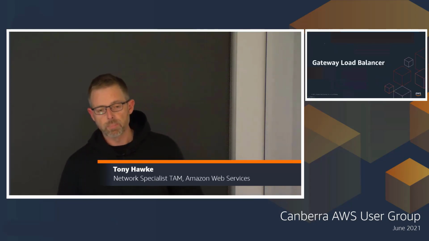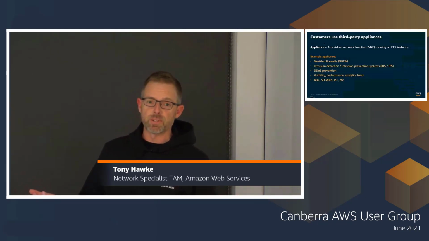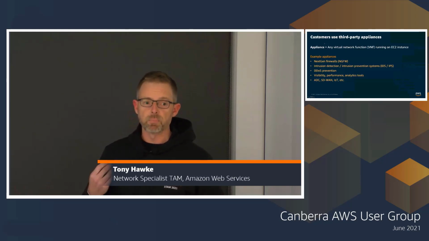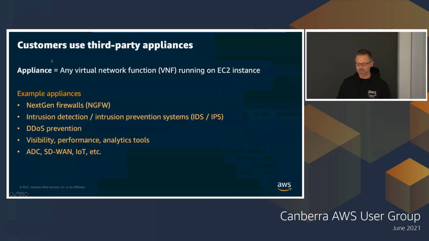So, first up, AWS customers use third-party appliances. This is obviously the biggest bombshell of the night for everyone. We define here an appliance as any virtual network function running on an EC2 instance. The most common that we see is a network firewall or an IDS, IPS.